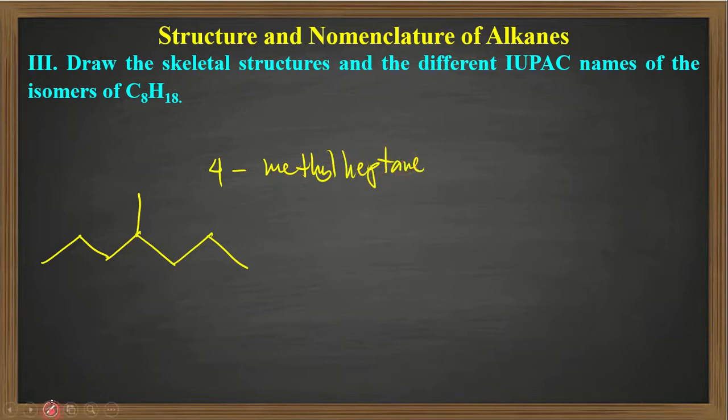Regardless of where your carbon number 1 is, the methyl will always be in carbon number 4. 1, 2, 3, 4 still. Regardless of where you put your carbon number 1. 5, 6, 7. That is 4-methyl heptane.